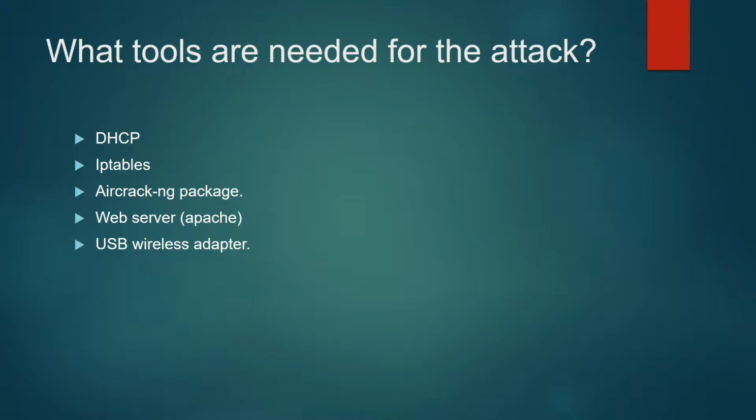So the DHCP service is great. It saves a lot of hard work and pain, and we can use DHCP to automatically assign IPs to our victims. When a victim connects to our fake AP, he's going to get an IP from our DHCP service. Therefore, we need iptables, which is a complex firewall that allows us to forward packets.